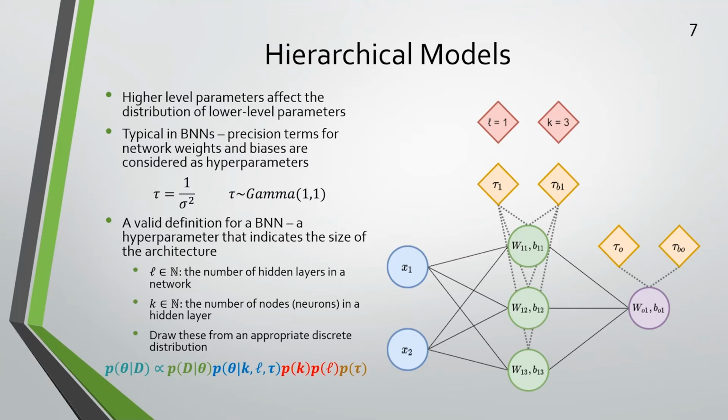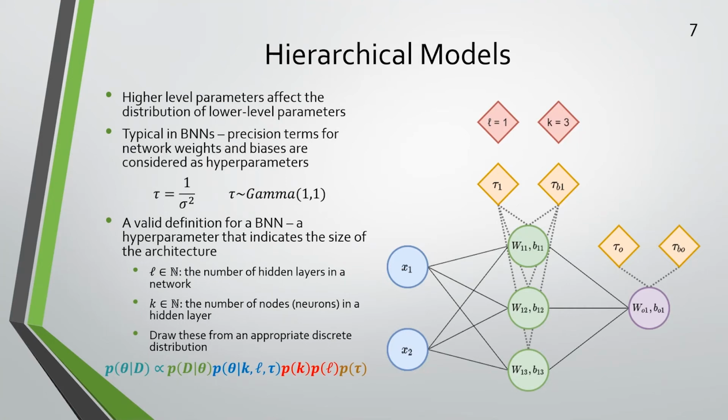So we might think of the number of hidden layers, or the network depth, as being specified by a parameter L, and the width of those hidden layers as being specified by a parameter K. These are both discrete parameters, and we need to give them a suitable discrete distribution to act as the prior.